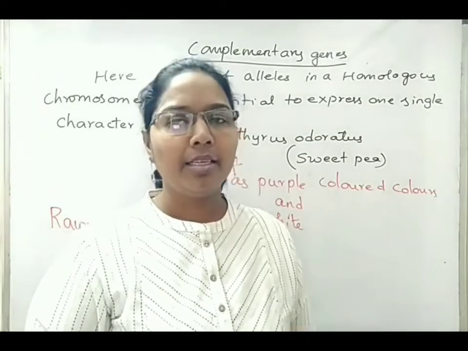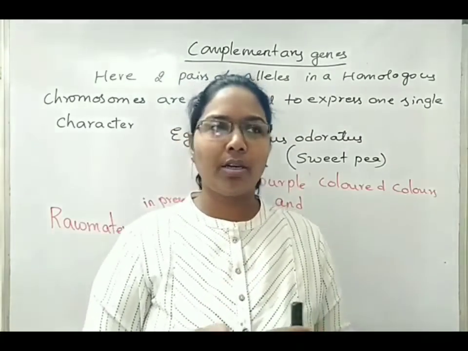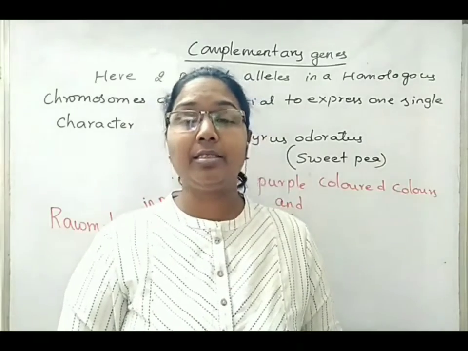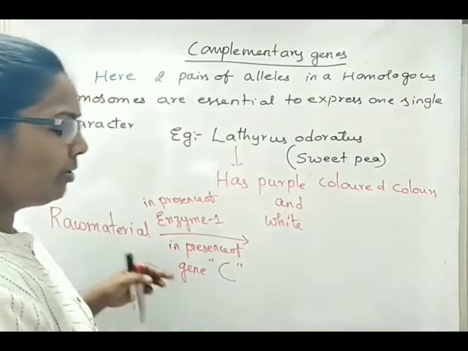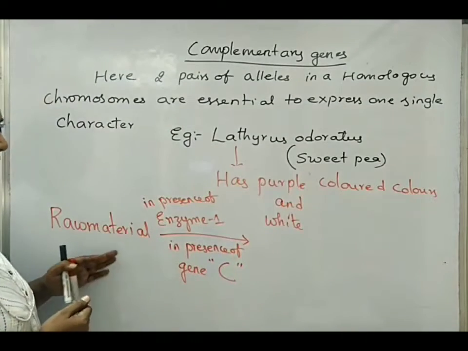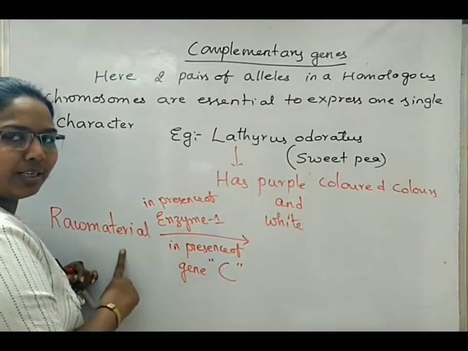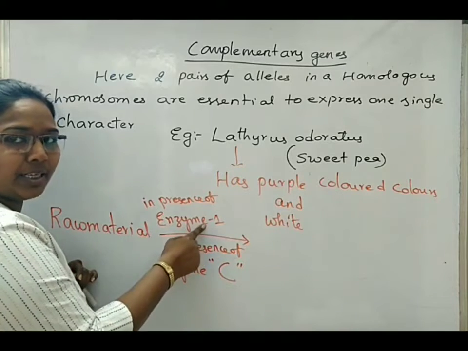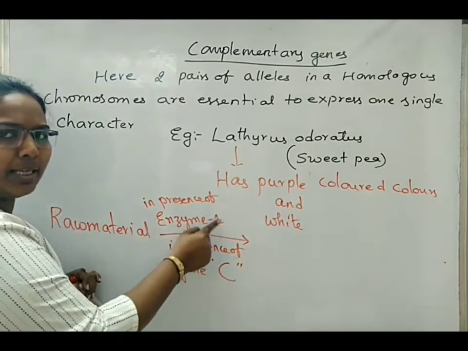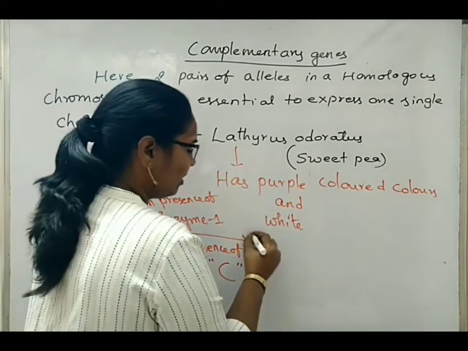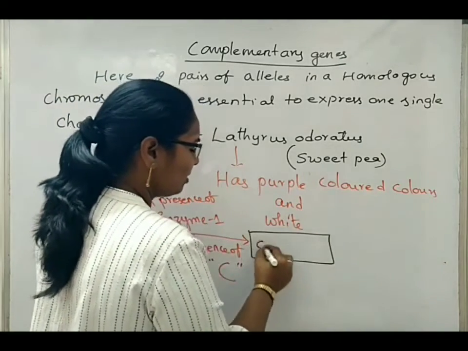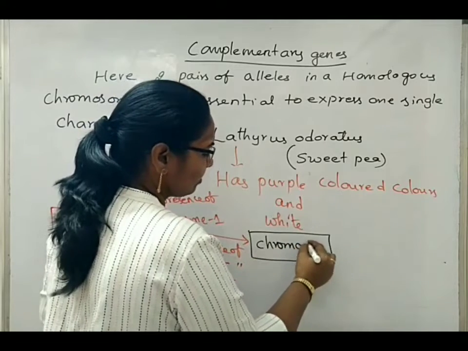In the same way, here also some pyrrole rings or raw material like benzene rings or quinone. So these are some types of raw materials. Because this is not one type of raw material, I am not writing any specific enzyme here. So let's take one example as some enzyme 1. This will give out a substance that is called chromogen.